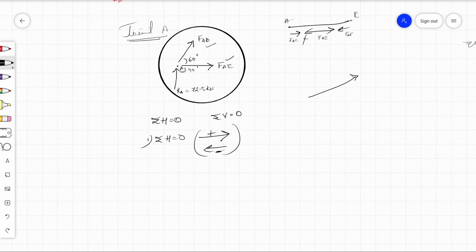Just once I'll tell you now; later on I'll do it directly. This is FAB and the angle is 60 degrees, the x component is FAB cos 60 degrees, and the y component is FAB sin 60 degrees. Remember this.